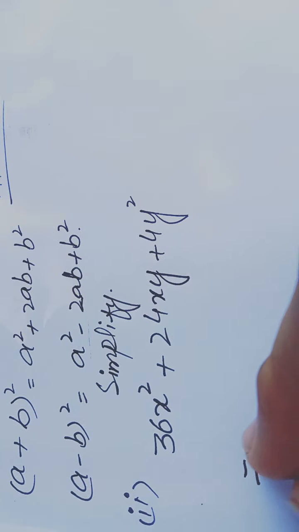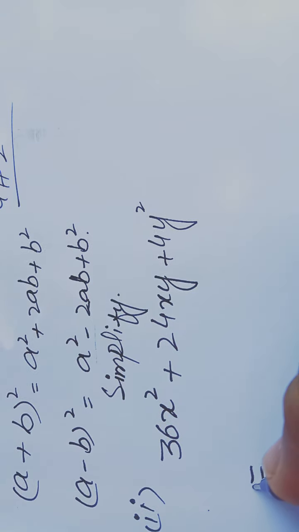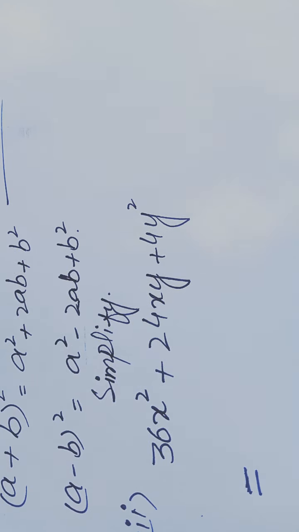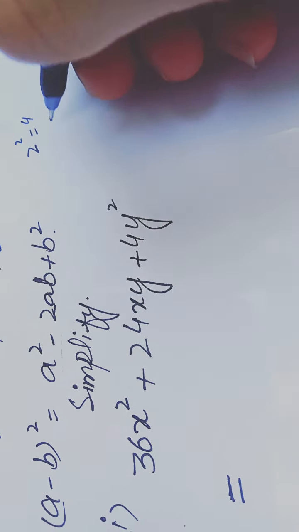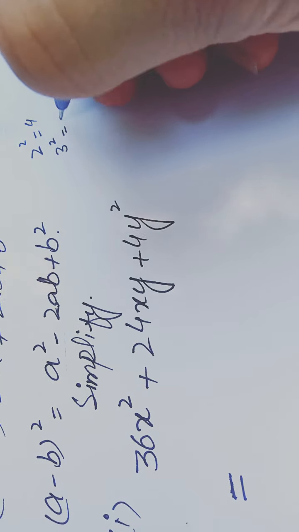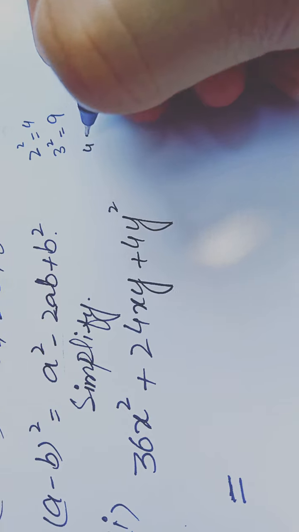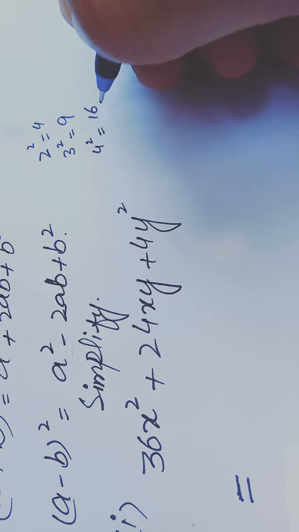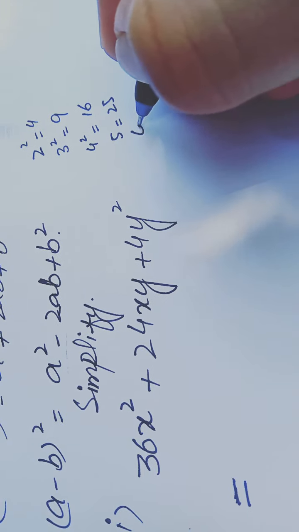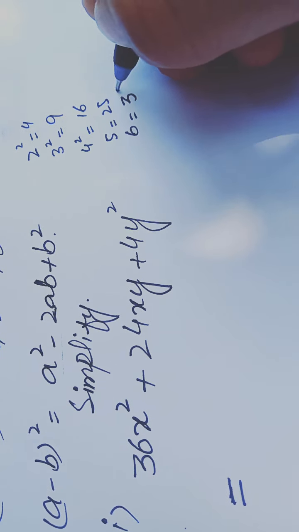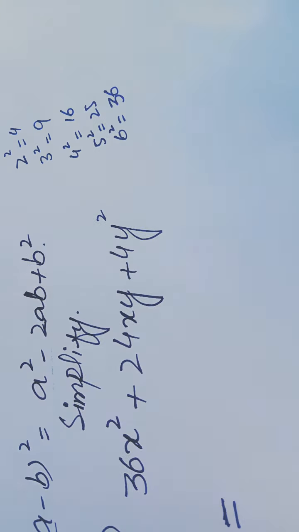Now tell me, 36 is the square of which digit? The square of 2 is 4, the square of 3 is 9, the square of 4 is 16, the square of 5 is 25, the square of 6 is 36.